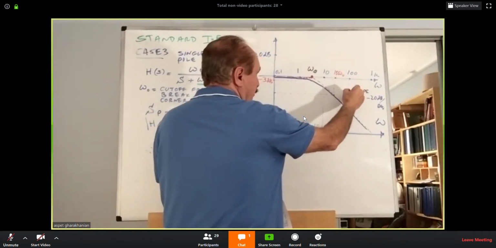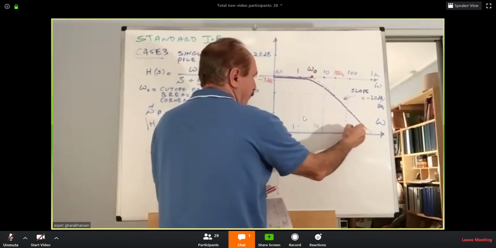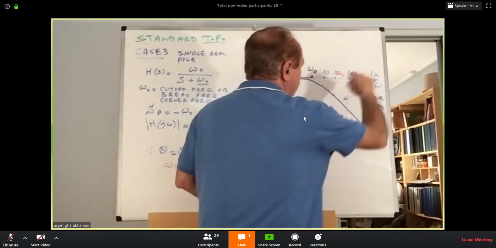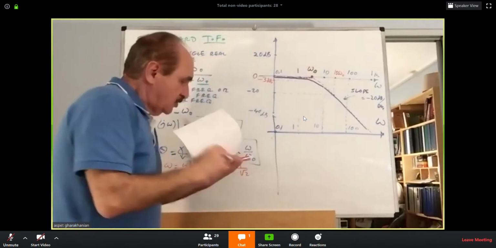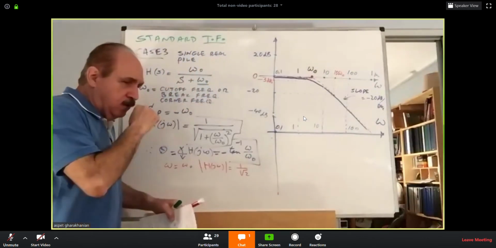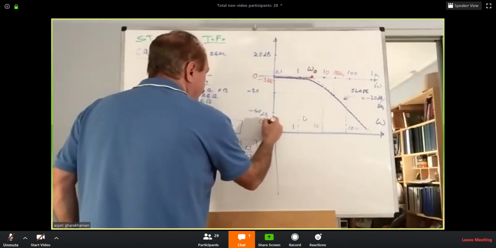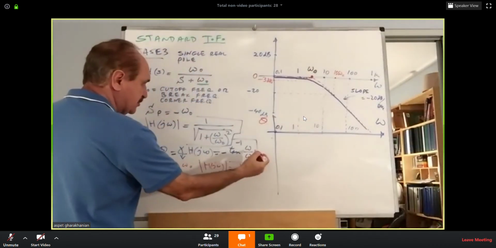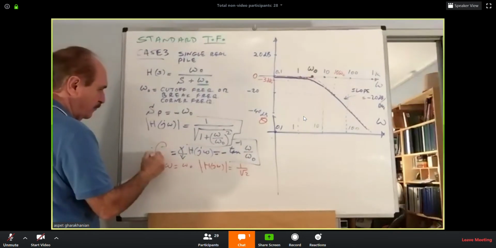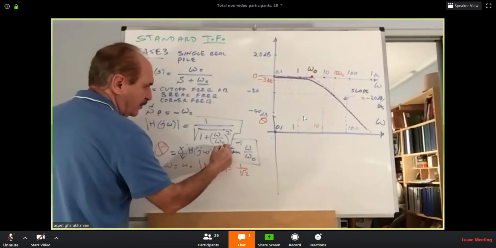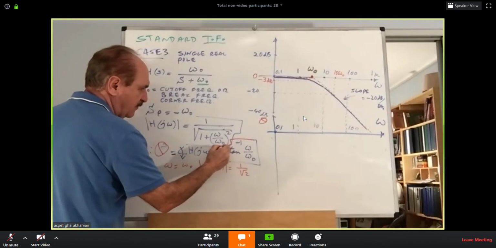That's our hundreds, and so on. So I want to plot theta. Theta is this angle, the inverse tan function.